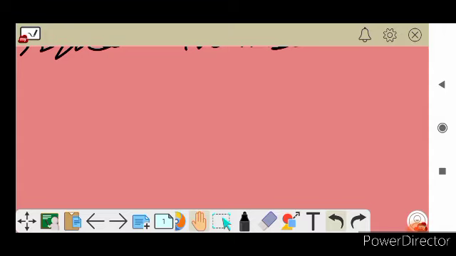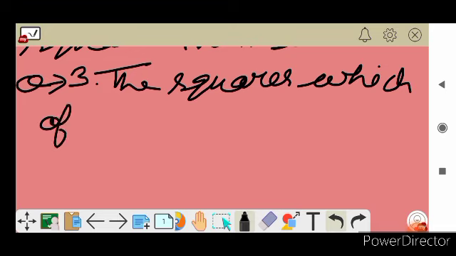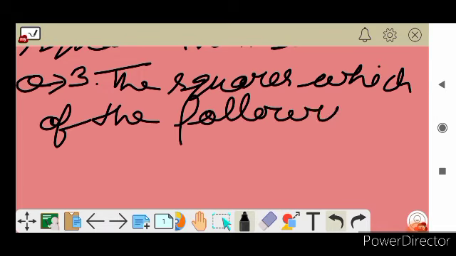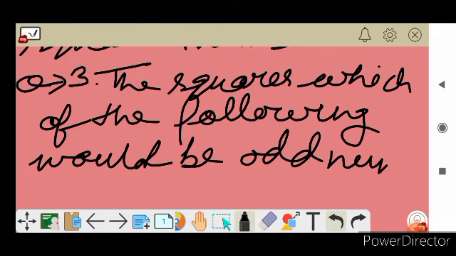And question number 3: which of the following squares would be odd numbers?